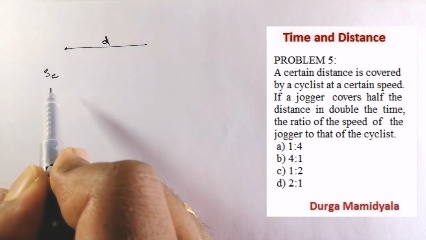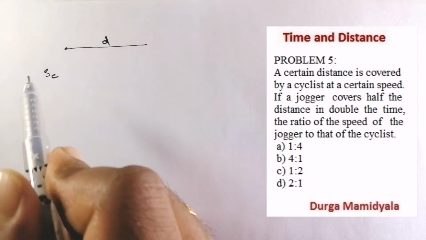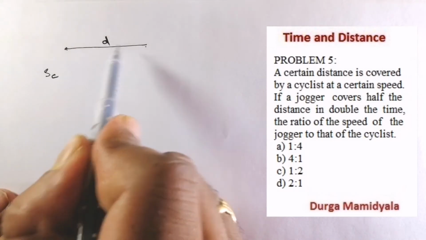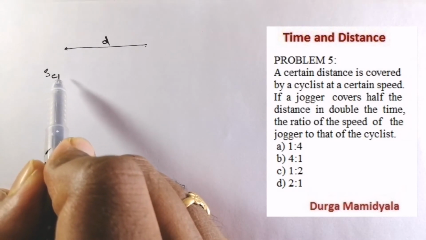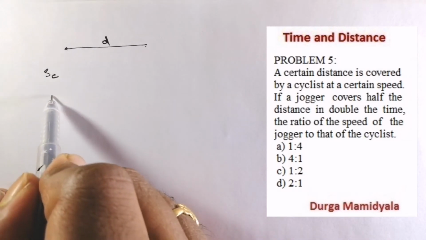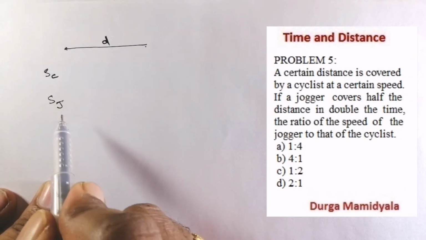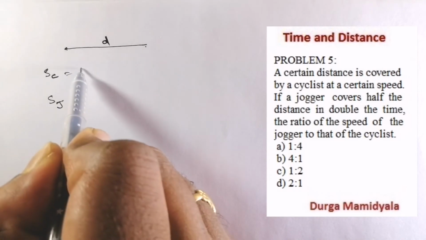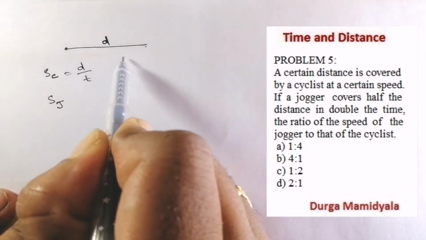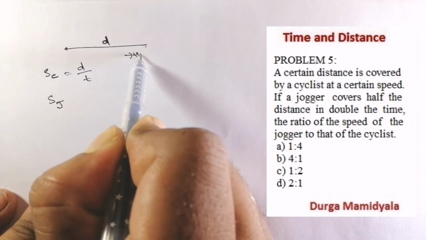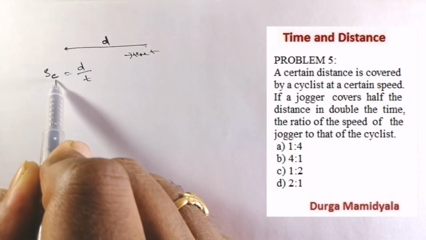So the cyclist has completed this particular distance with a certain speed, right? Now if we have a jogger, let us suppose it by SJ, right? The speed is nothing but distance by time. Suppose we take the time t, so the speed of this cyclist is distance by time.